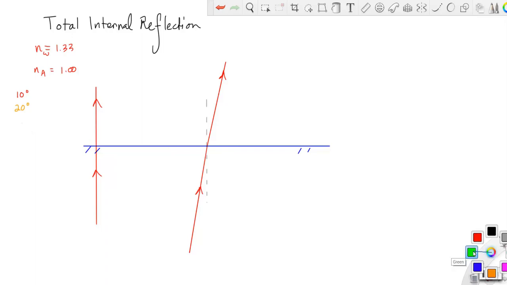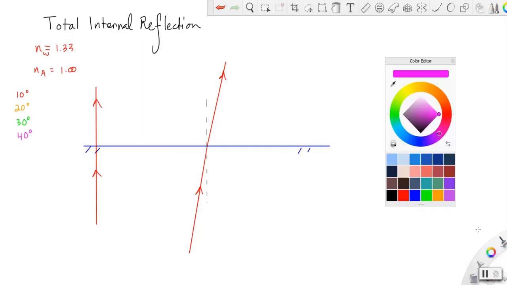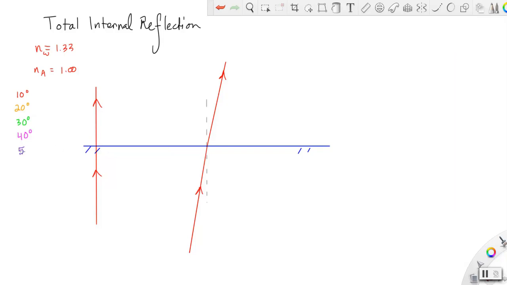And then I can do a green ray at 30 degrees, and then I can do a purple ray at 40 degrees, and then I will do a final ray that is deep purple for 50 degrees. Okay, so let's do our 20 degree ray now.